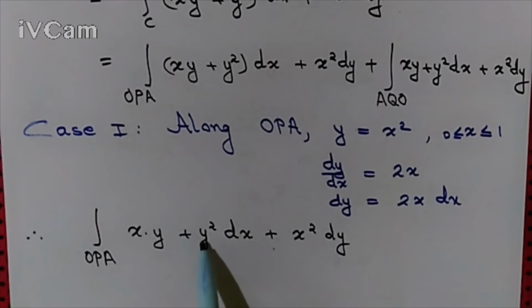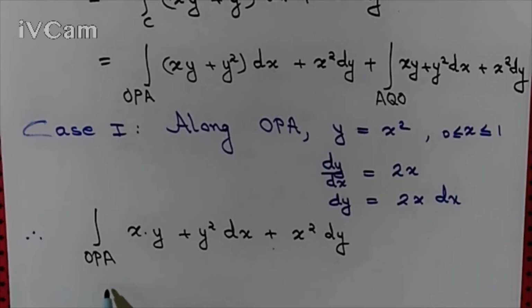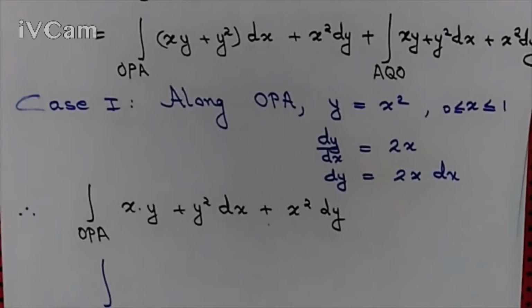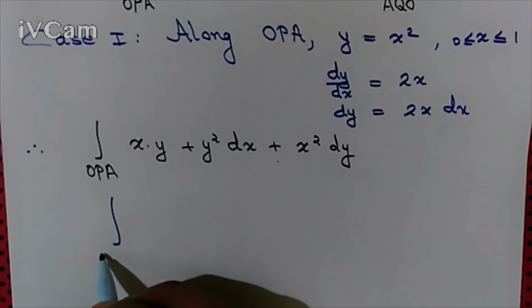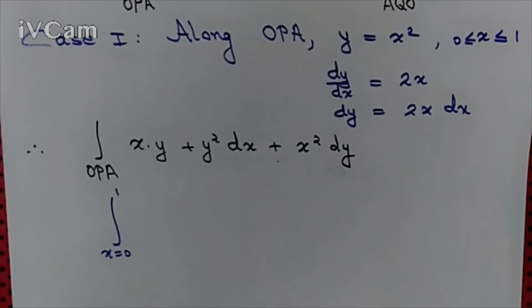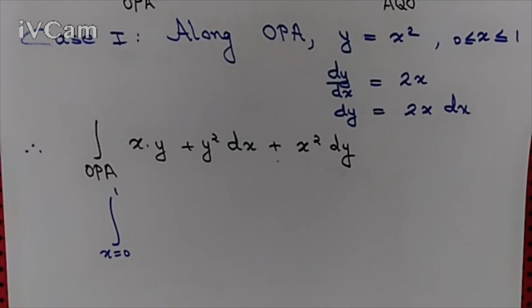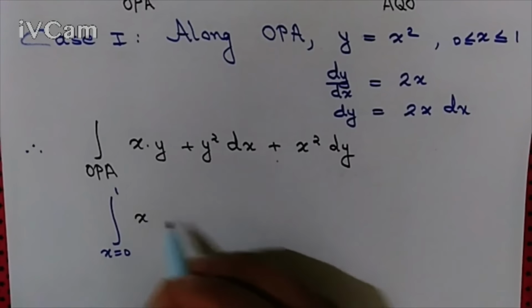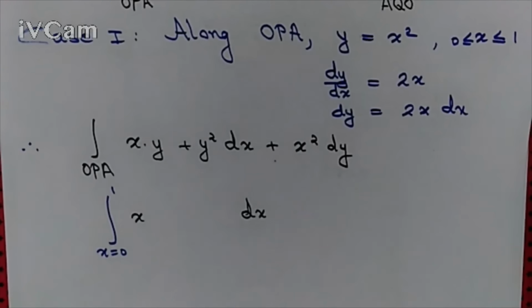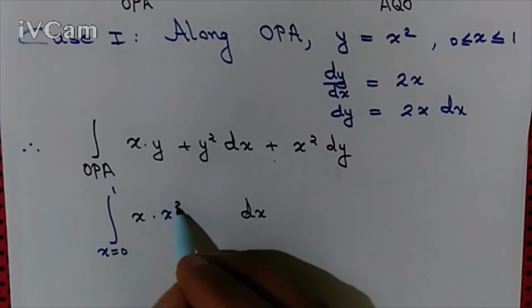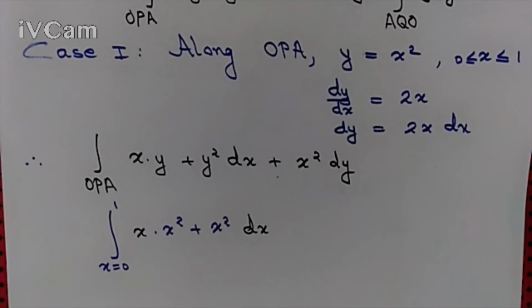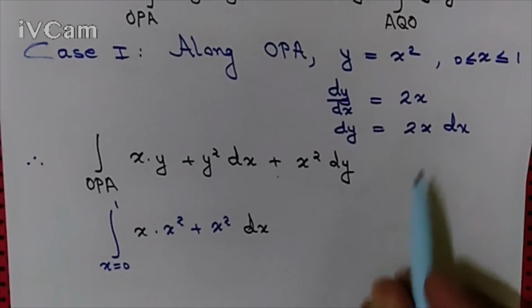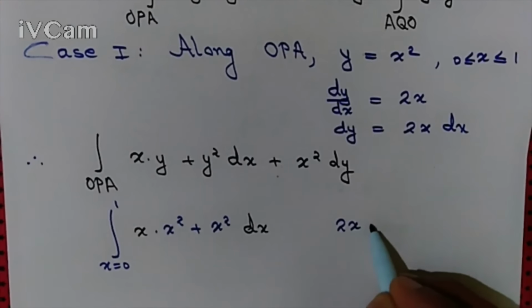In place of y, let's write x square, and x is changing from 0 to 1. X as it is, dx as it is. In place of y, just write x square. In place of dy, just write 2x dx.